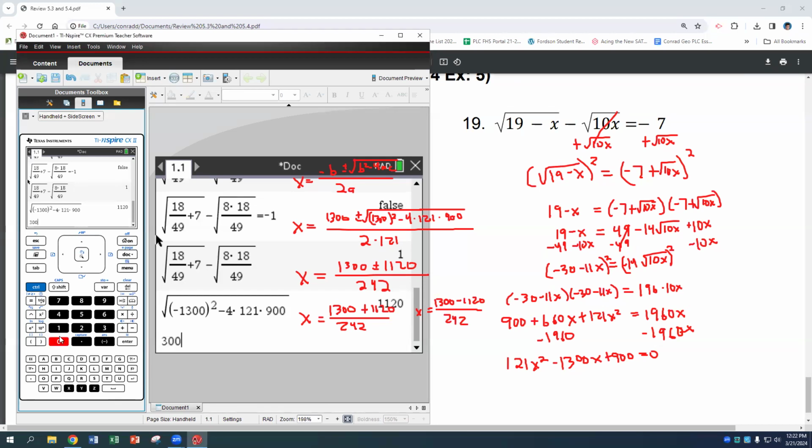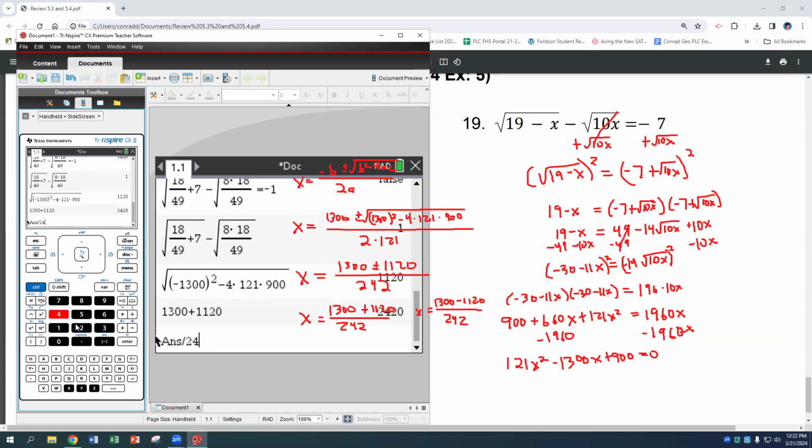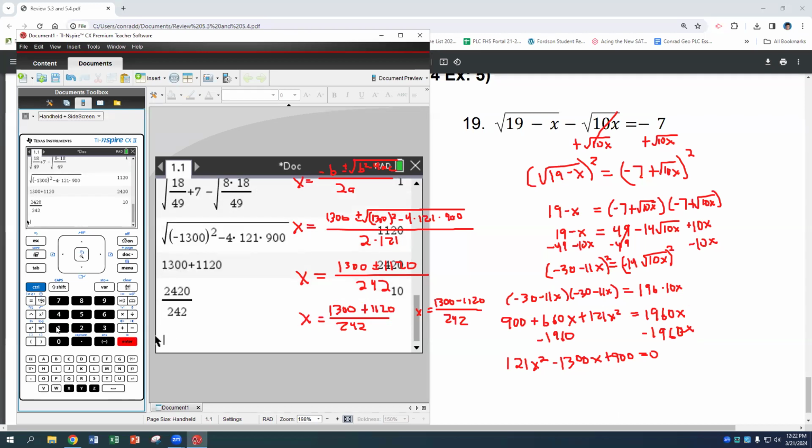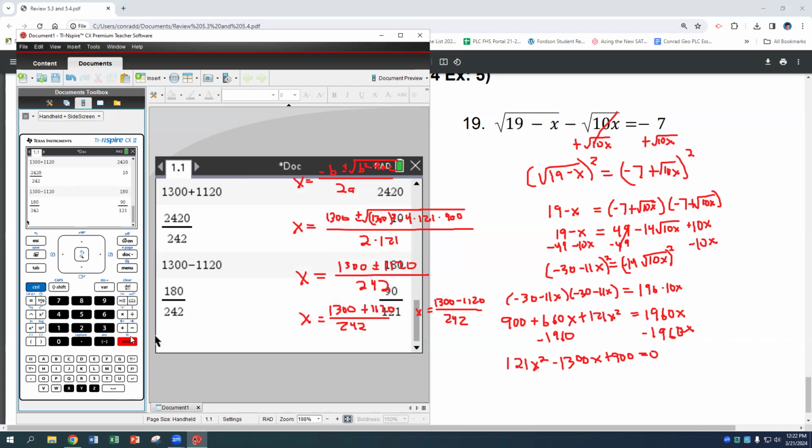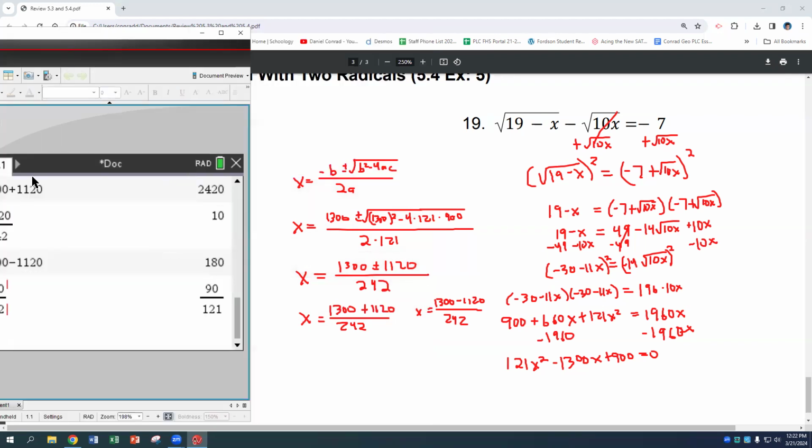So 1,300 plus 1,120 divided by 242 is 10. 1,300 minus 1,120 divided by 242 is 90 over 121. Okay, so I get x equals 10 and x equals 90 over 121.